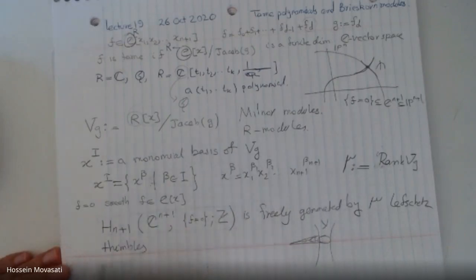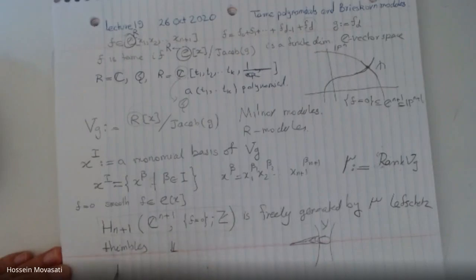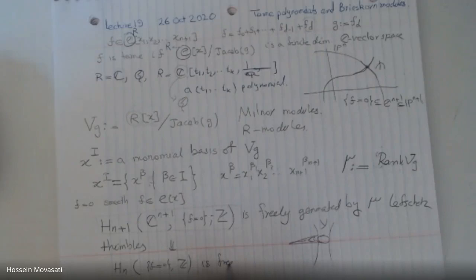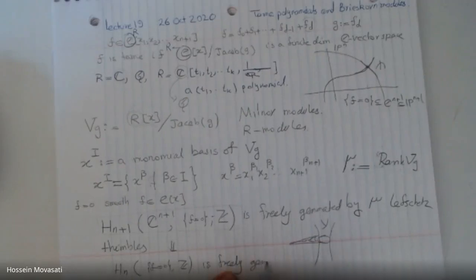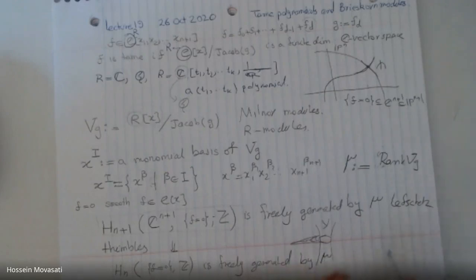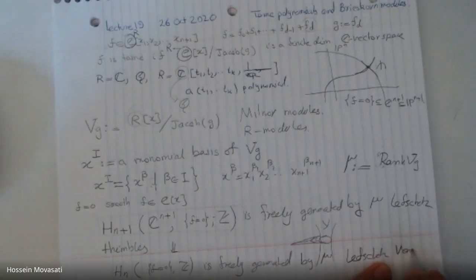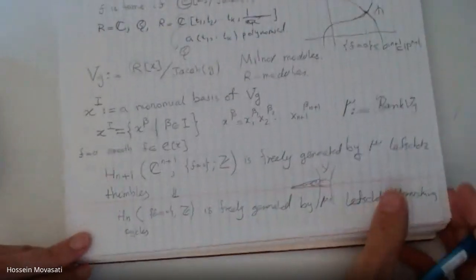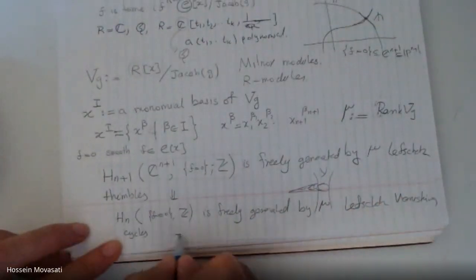At the end of the day, this implies that H_n of f equal to 0 is freely generated by mu Lefschetz vanishing cycles, and remember that Lefschetz vanishing cycles are just spheres.